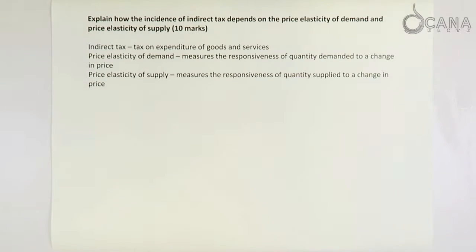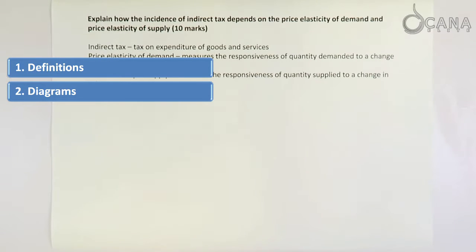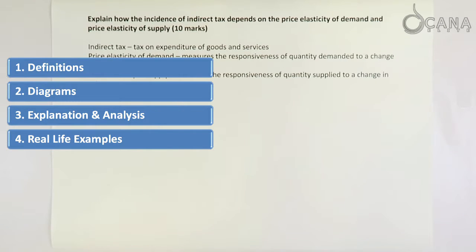Now, the rule of thumb for doing well in the essay: there are 6 things for an explanation type of essay. Number 1 is to include all definitions. Number 2, diagrams. Number 3, analysis, for example, explain what is there in the diagram or explain what you meant by a certain point. Number 4 is to include real-life examples.